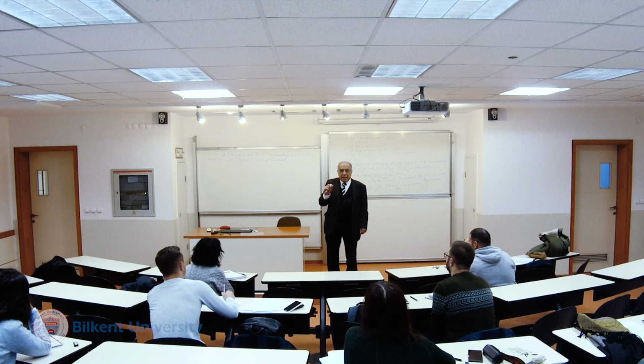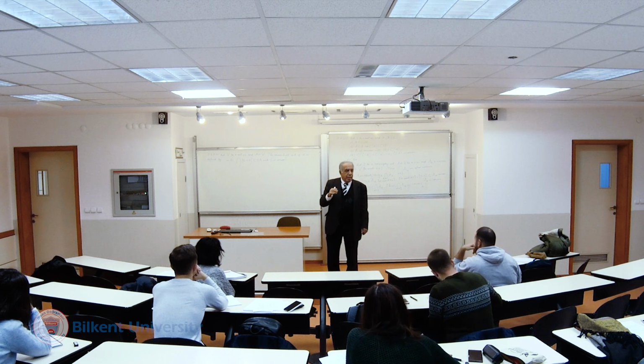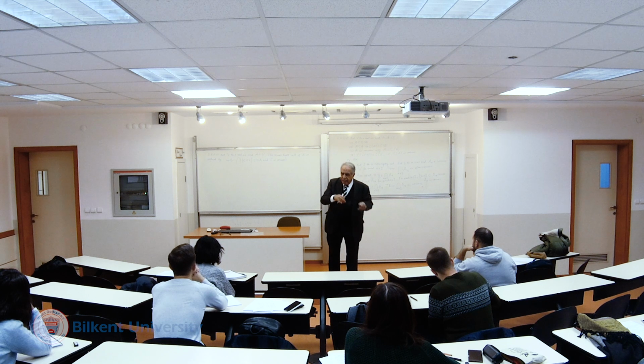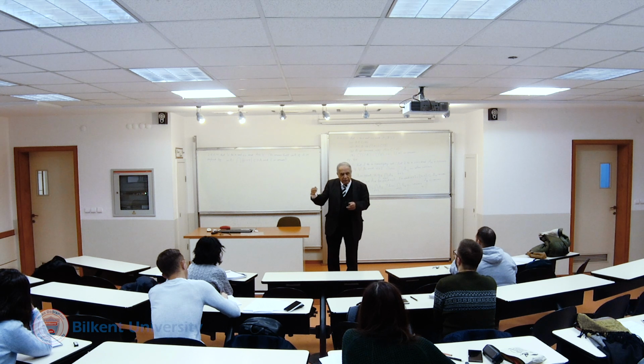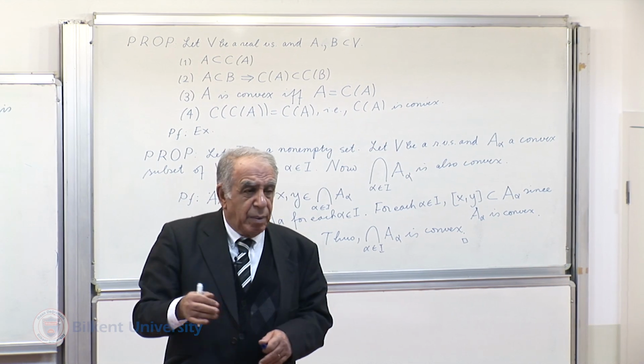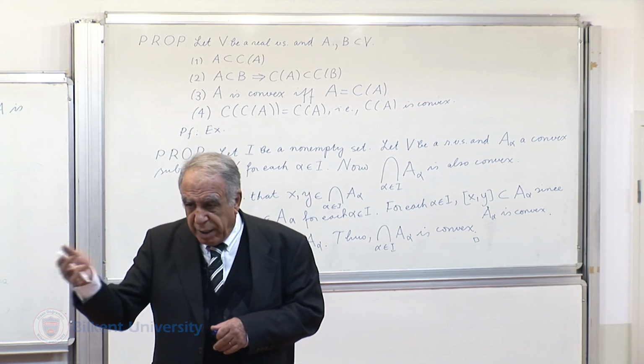So this is just like the closure of A. There the definition was different, but it turned out you start with some set A in a topological space. You consider all closed sets which contain A and take the intersection of them, but the intersection of any bunch of closed sets is closed. So that intersection turns out to be closed as well as it contains A, and it was the smallest closed set containing A with respect to inclusion.